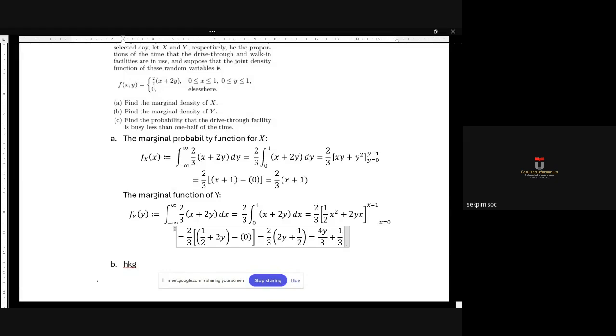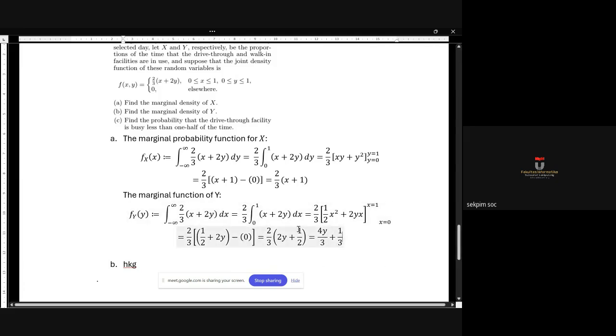Is it correct? I think yeah. 2/3 times half is 1/3. That's all. This is for the marginal function of x. Okay.